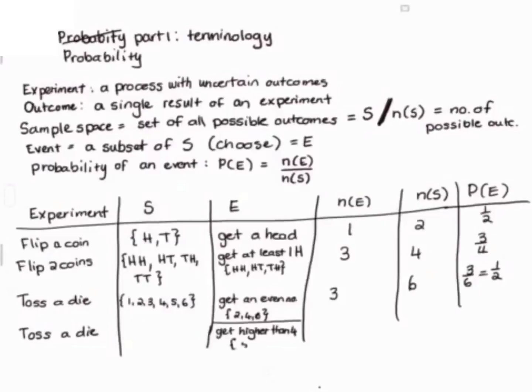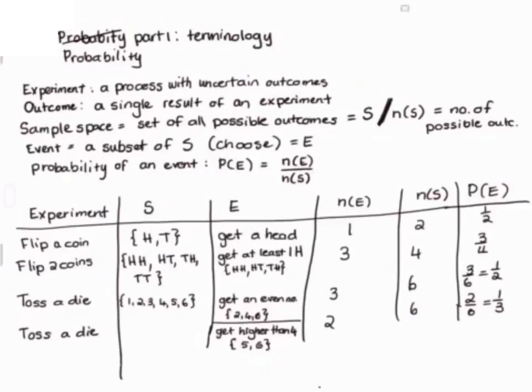So what are the possibilities? I can have a 5 or I can have a 6. How many are there? 2, still 6. So 2 out of 6, which is 1/3.